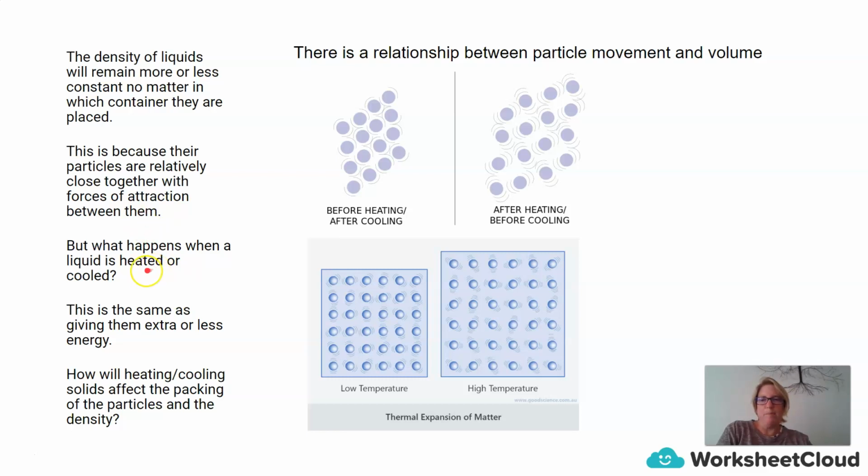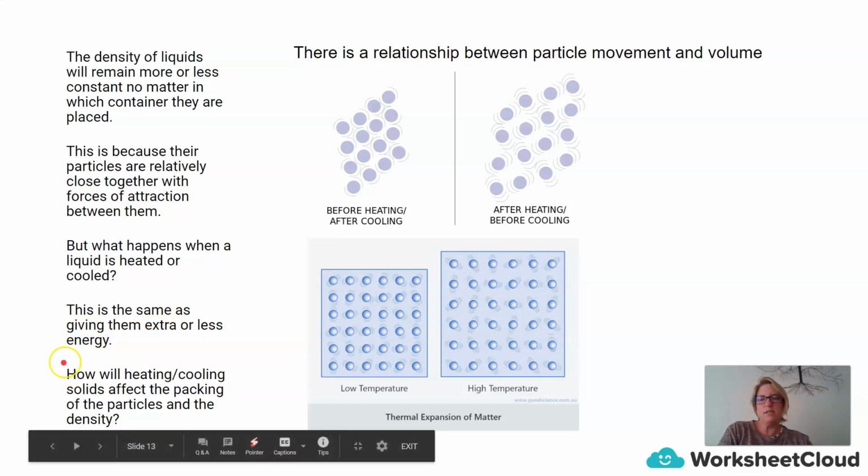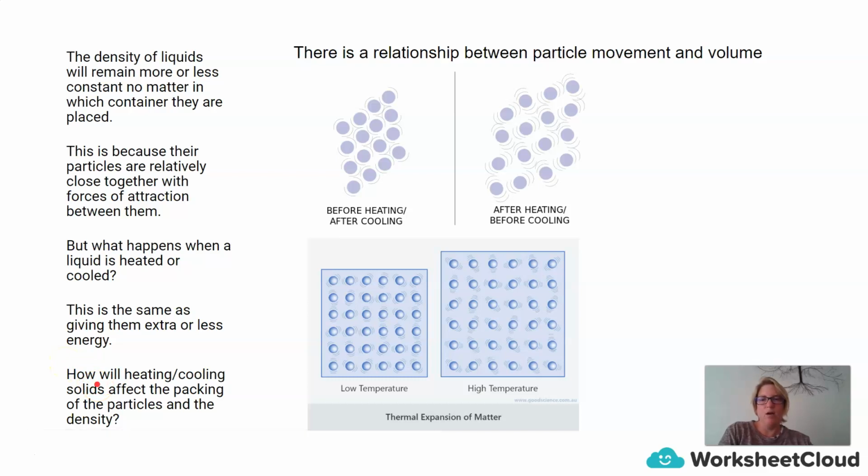So what happens when a liquid is heated or cooled? This is the same as adding energy or taking away energy. They are being provided with less energy. So how is heating or cooling liquids going to affect the packing of the particles and the density?